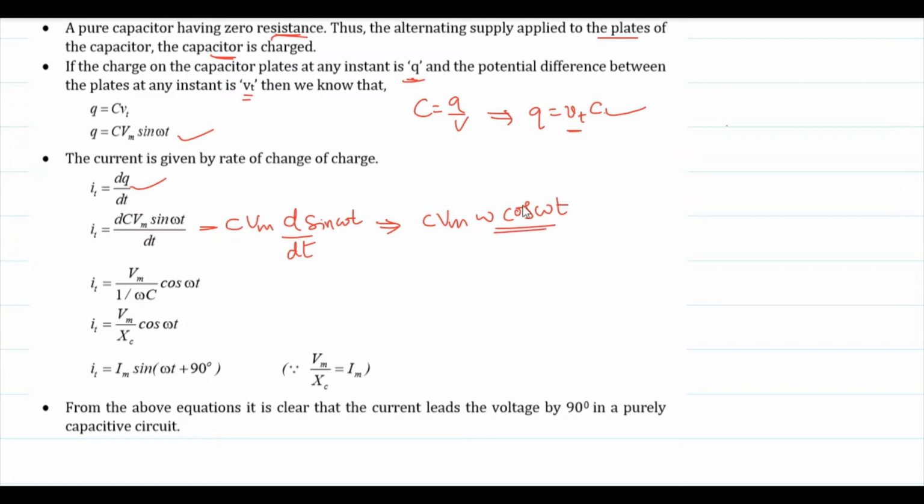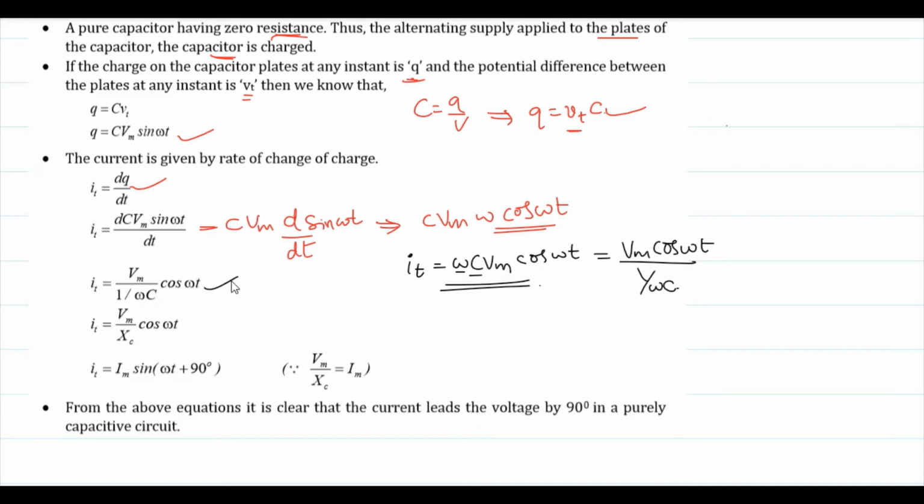Finally we are left with omega C Vm cos omega t. Now in this equation, if we take omega and C to the denominator, we get Vm cos omega t divided by 1 by omega C.